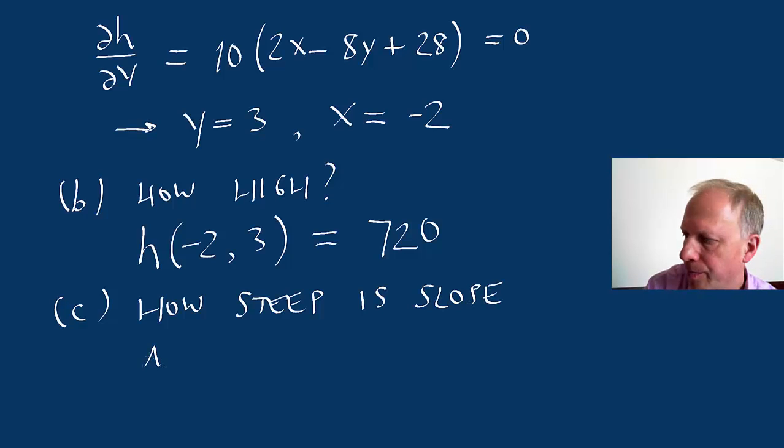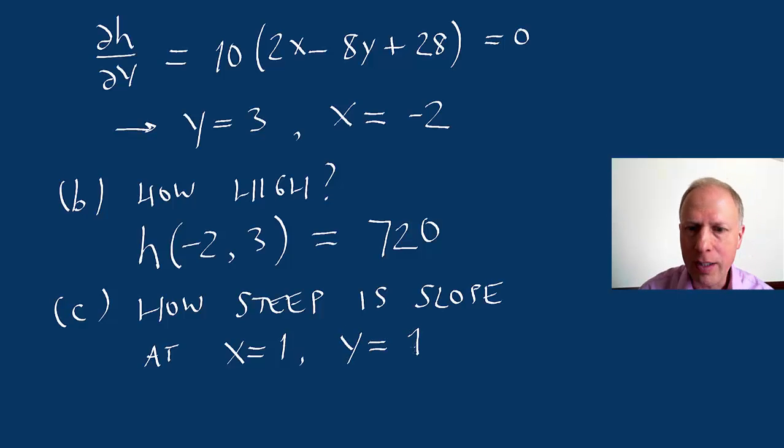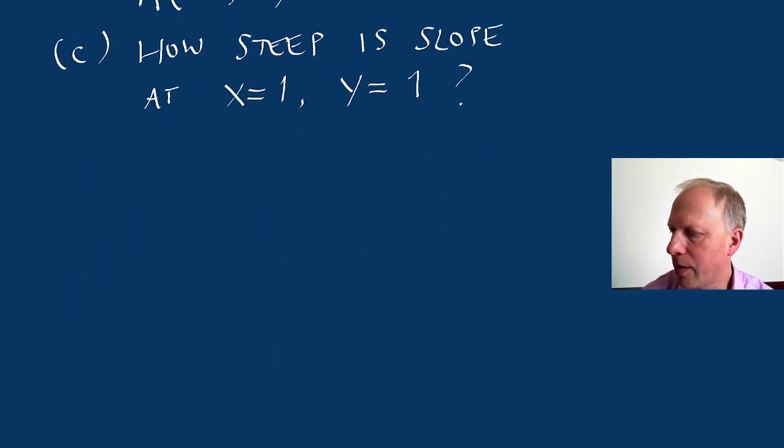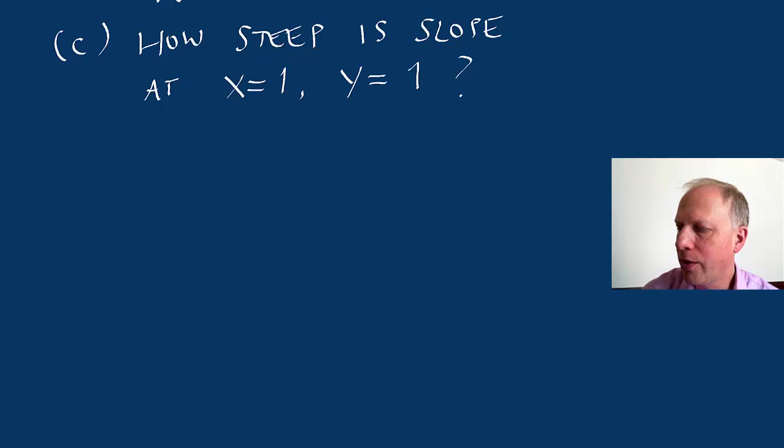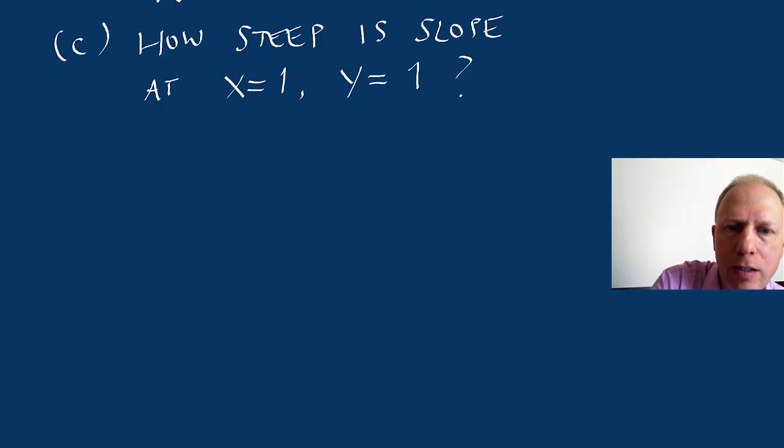At the position x equals 1, y equals 1. So 1 mile east and 1 mile north of the origin. We want to find how steep the slope is, and in what direction the slope is steepest.